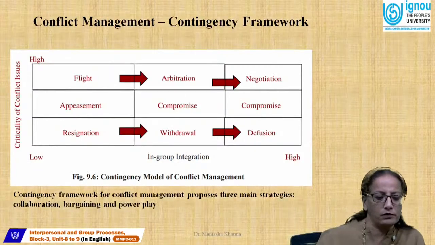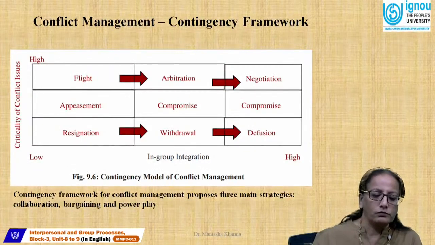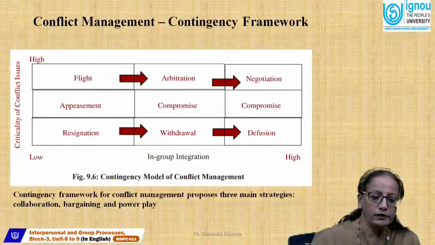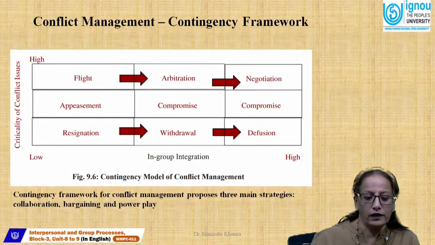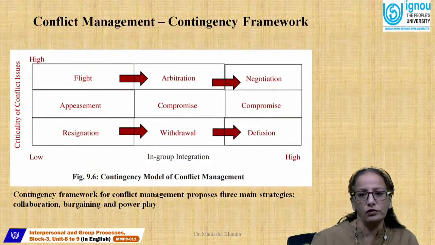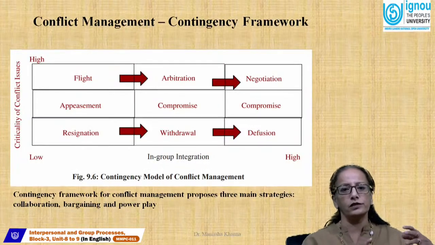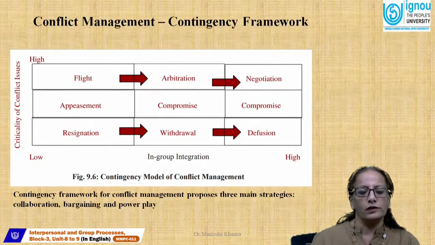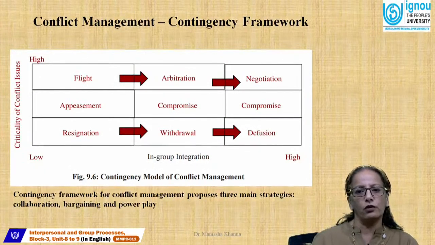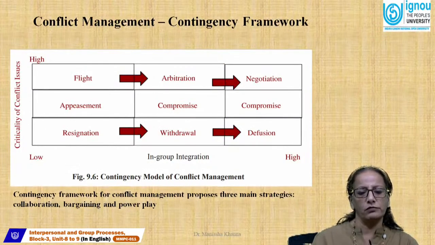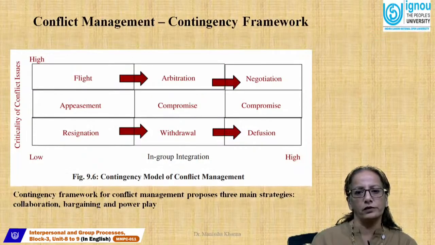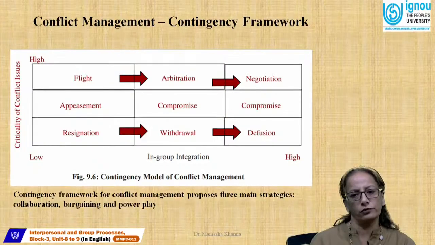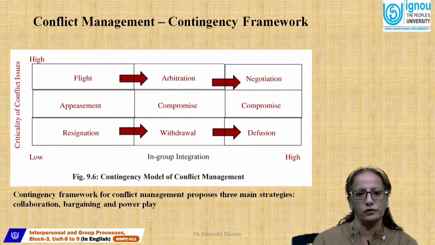First we see if the conflict is either high or low. If it is low, the in-group integration is either resignation, withdrawal, or definition. When it is medium, when it is on mid, it is appeasement, it can be a compromise situation, or then it leads to further compromising of those situations.